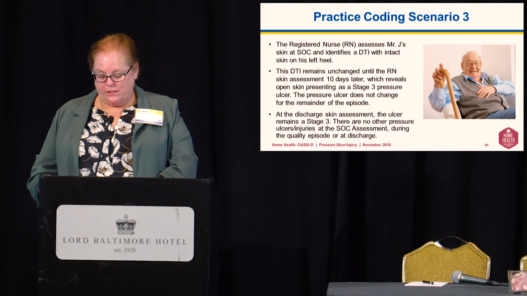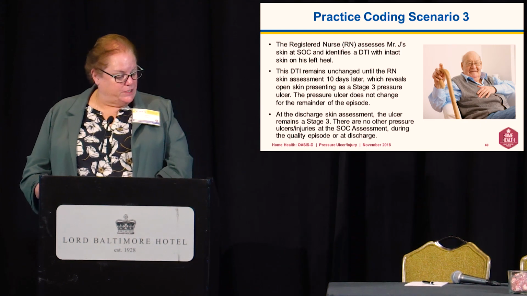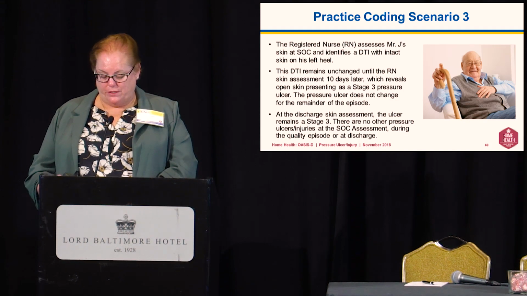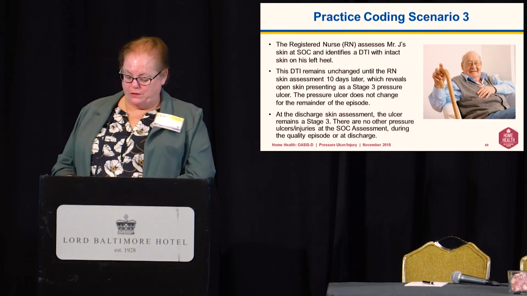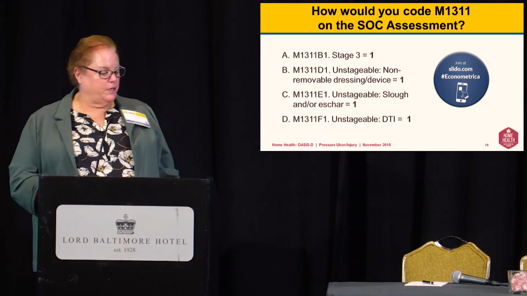The pressure ulcer does not change for the remainder of the episode. And then at discharge skin assessment, the ulcer remains a stage 3. There are no other pressure ulcers or injuries at the start of care assessment, during the quality episode, or at discharge.